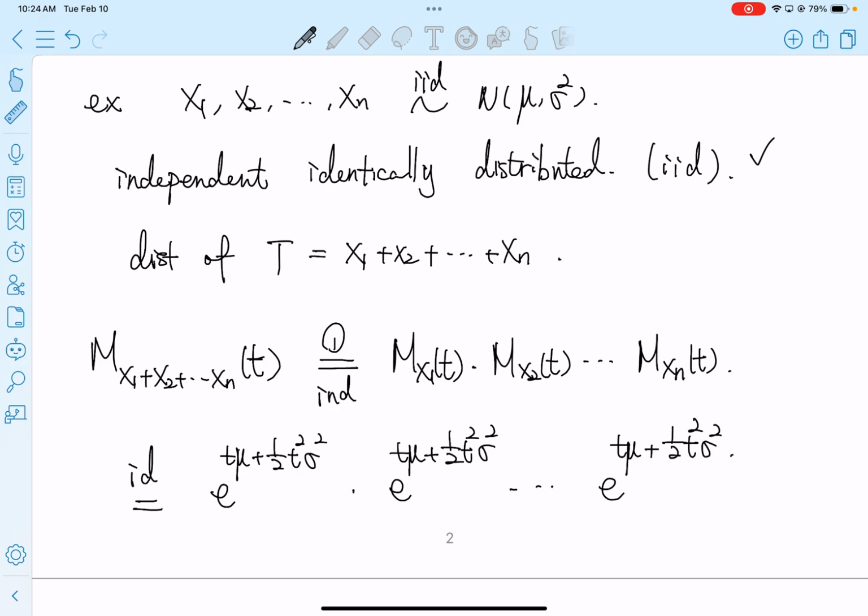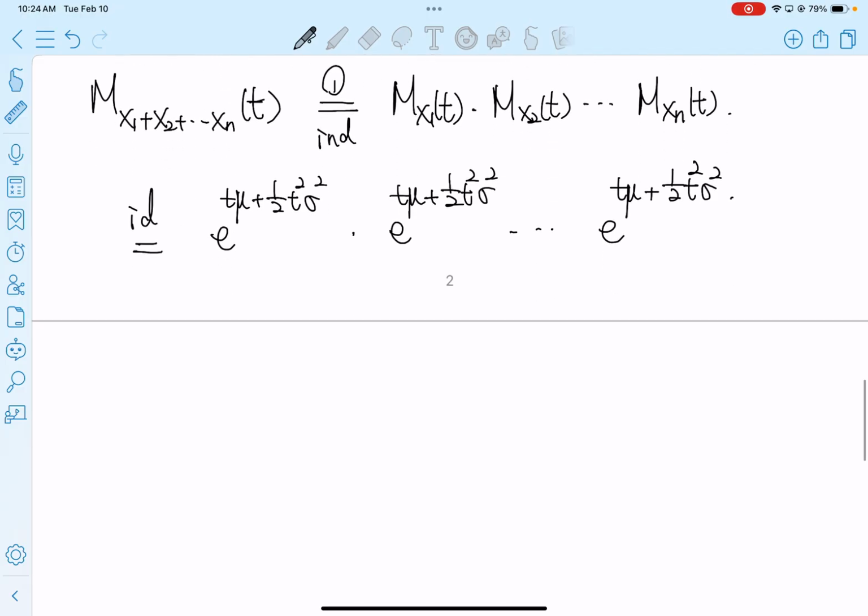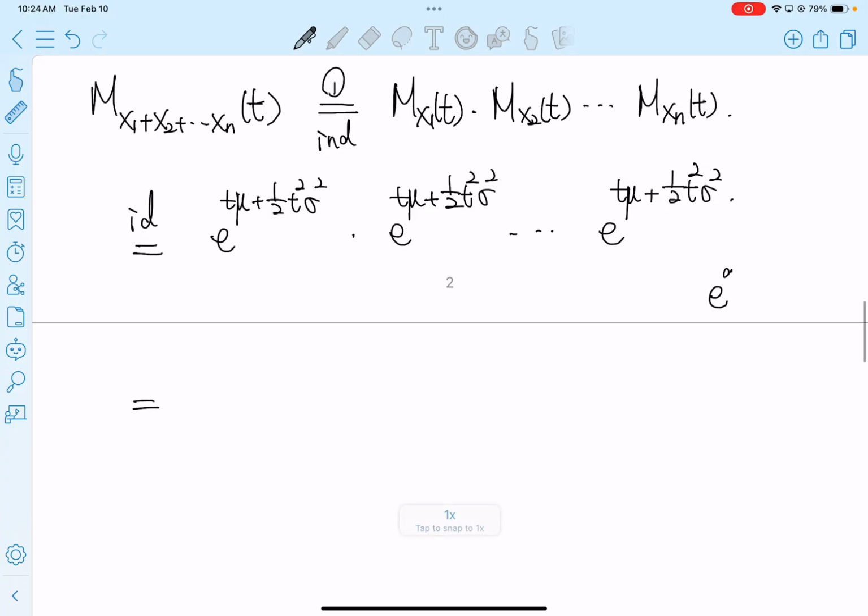Now we just need to group the products in the following way. Here again, e to the A multiplied by e to the B is equal to e to the A plus B. If you call the power for this one A, this one B, and this one C, all the way to the last one, you just sum all the powers together, and you end up with the following expression for the powers.